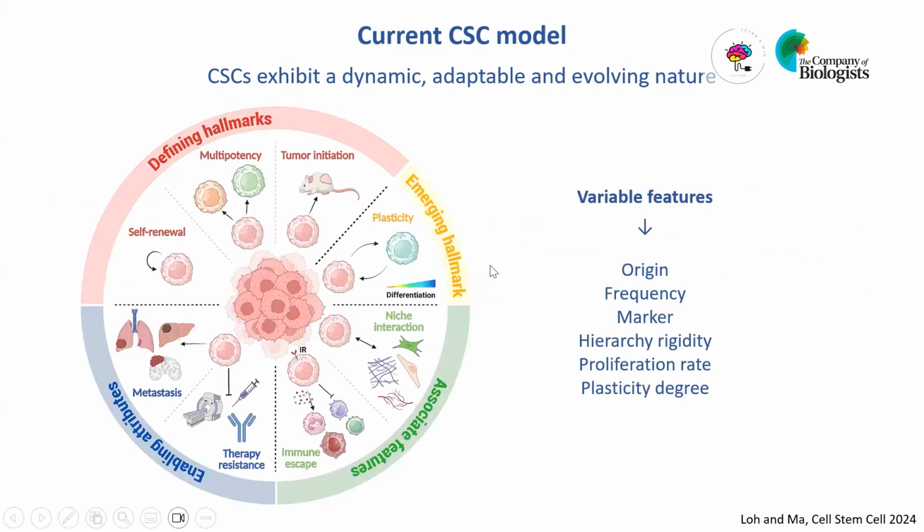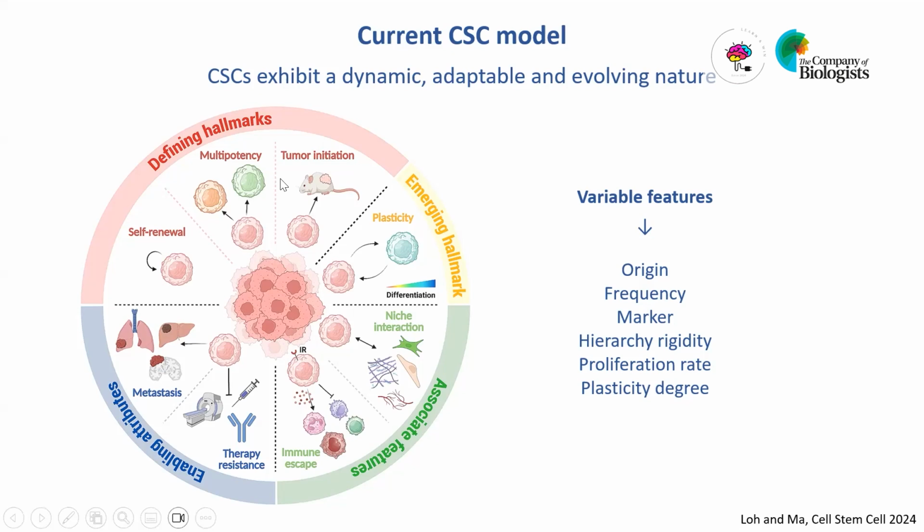So now the model implicates the presence of very few defining hallmarks, mostly tumorigenicity and stemness potential, with other variable features depending on tumor type, but also specific tumors: the origin, frequency, markers, hierarchical rigidity.